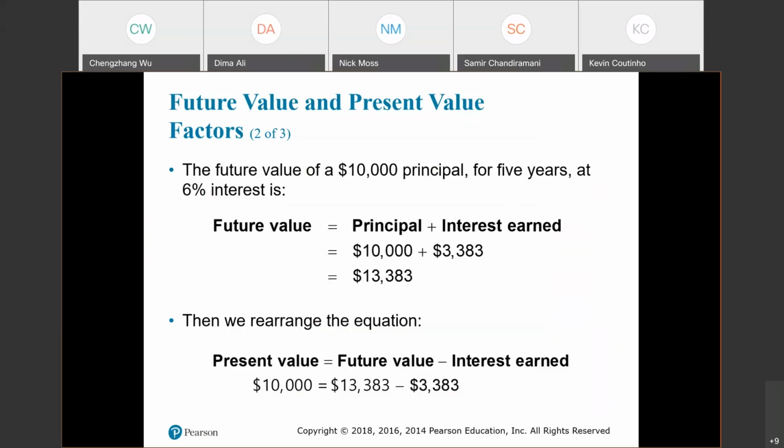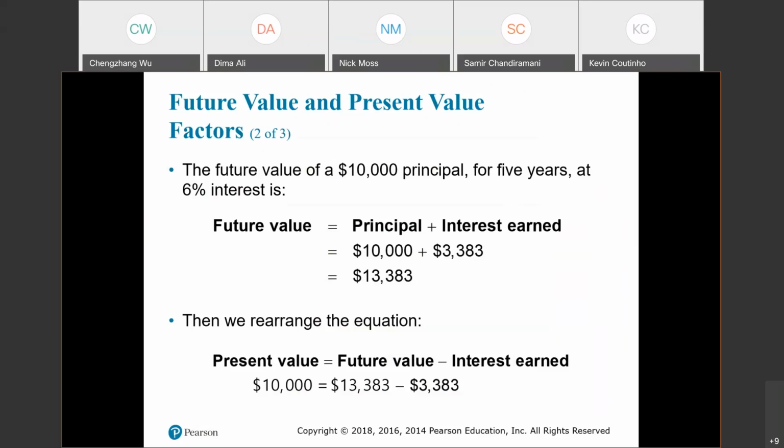I'm asking you the present value. How much do I need to invest to earn $13,383 in 5 years with an interest rate of 6%?